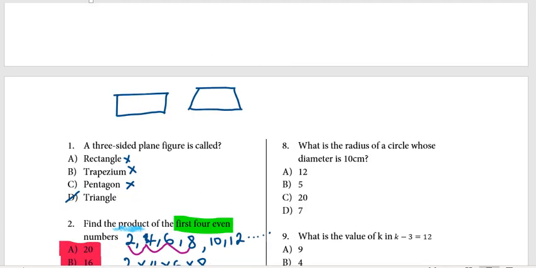So radius of a circle simply means divide diameter by 2. So if the diameter is 10, divided by 2 is 5, and that's the answer. Okay, the answers didn't have that option, but that's the correct 5. Or we can just simply use the formula. Radius is diameter divided by 2, and we have diameter as 10. Divide 10 by 2, we are left with 5. Okay, because it's centimeter, put the units.